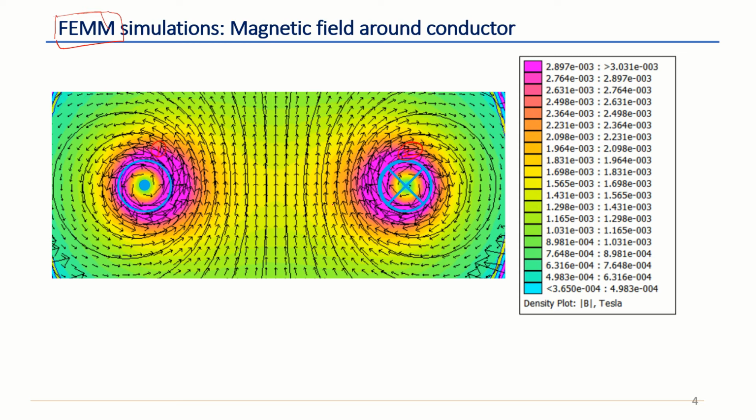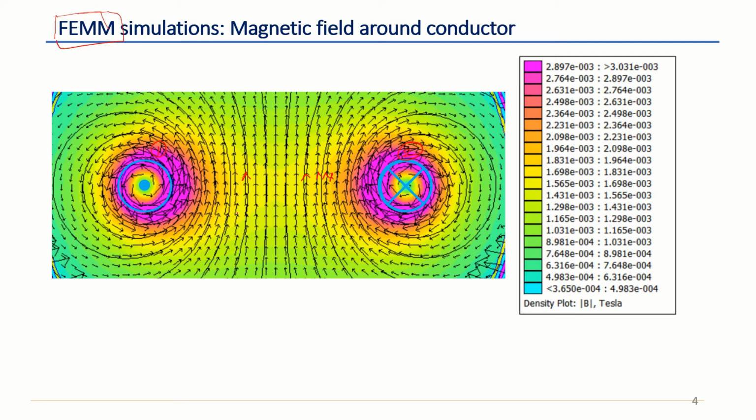I simulated these two to show how the magnetic field will be represented, and I plotted the H, the field intensity, which gives the direction of the magnetic fields. Okay, this is how it will look. You can even try this type of simulation to visualize the magnetic field.